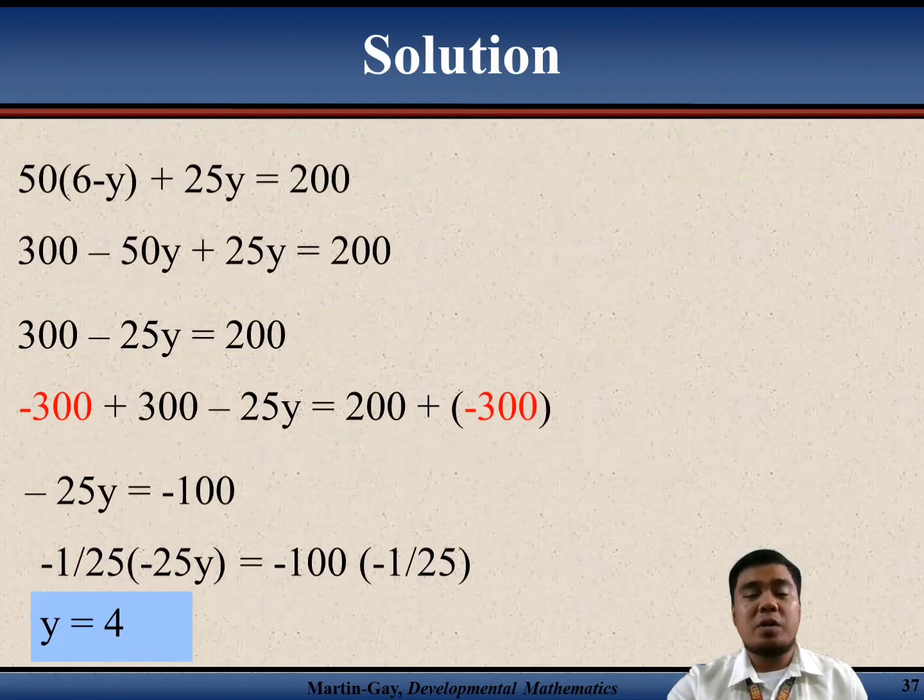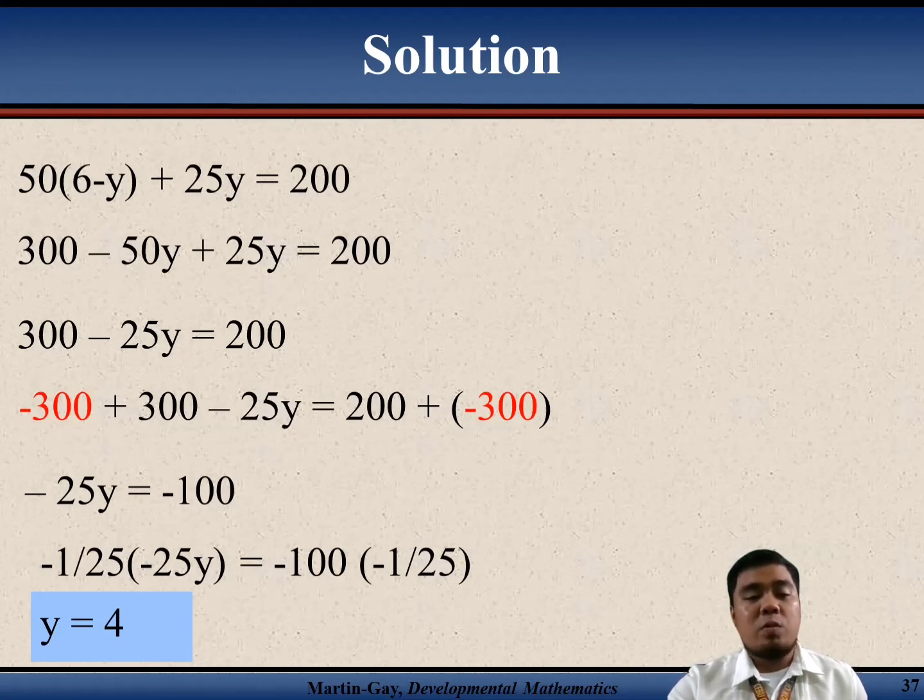Again, take note of the red thing that I have highlighted. That explains the property of equality. In order for me to get the value of y, I have to eliminate 300 by adding negative 300. So I add negative 300 to both sides of the equation. So 300 is already canceled on the left side. What is left is negative 25y is equal to 200 plus negative 300, which is negative 100.